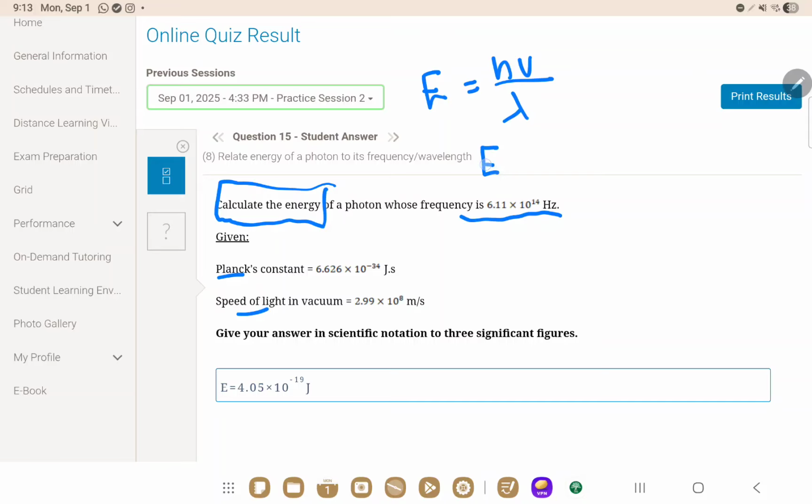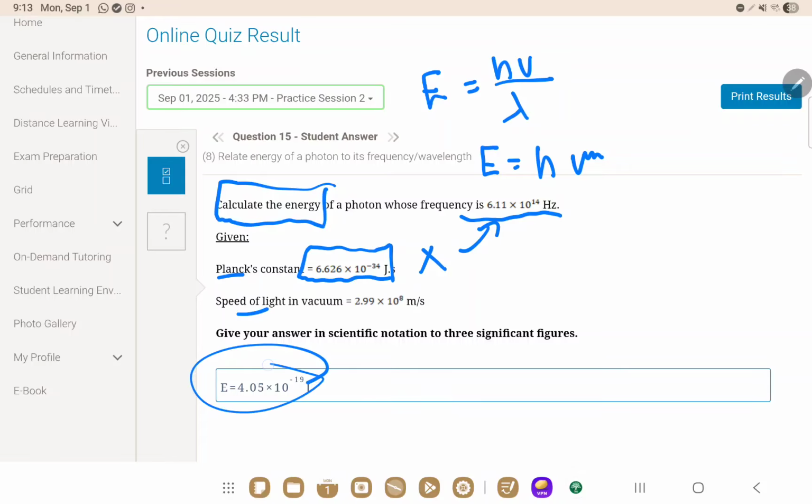So in this case, we go back to our original equation that states E equals Planck's constant times frequency. So energy equals 6.626 times 10 to the power negative 34 times this number, which is the frequency.